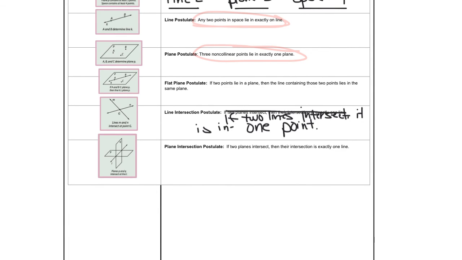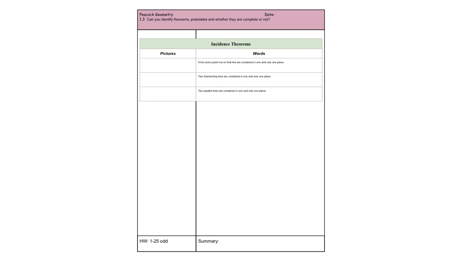It's hard to write small with this stylus. Lines intersect in a point. The plane intersection postulate says if 2 planes intersect, then their intersection is exactly 1 line.